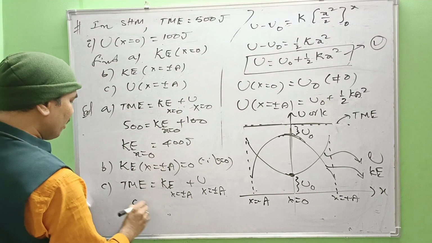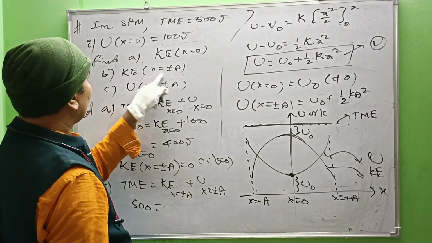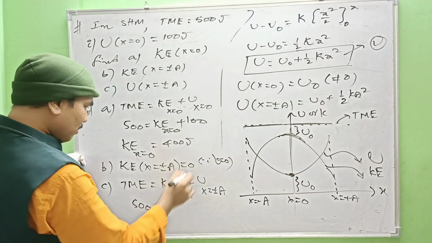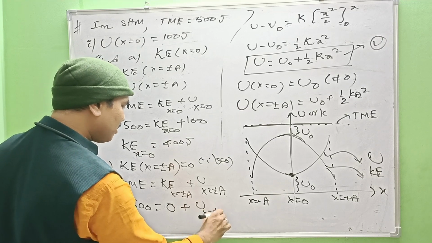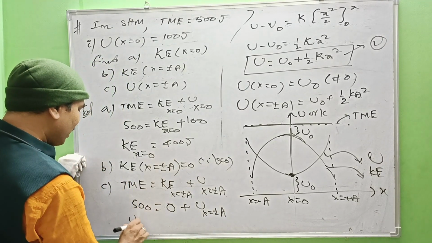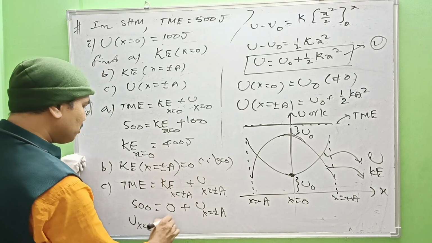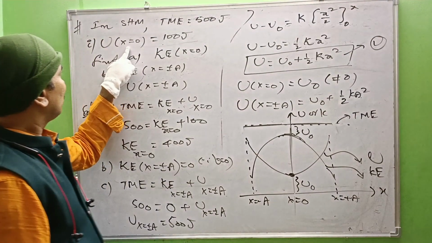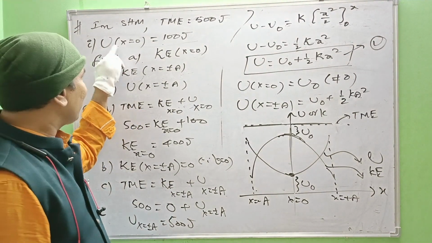So 500 equals Ke at x equal to plus or minus a, which is 0, plus U at x equal to plus or minus a. So U at x equal to plus or minus a equals 500 minus 0, that is 500 joules, right?